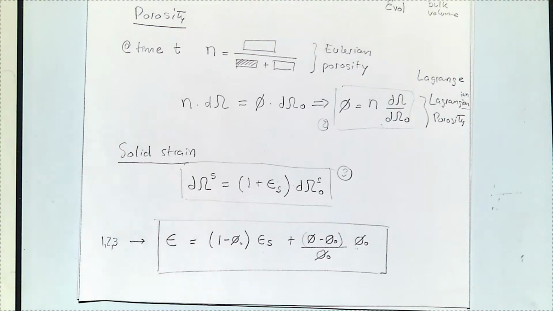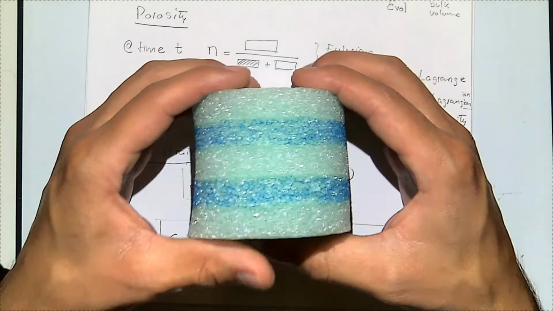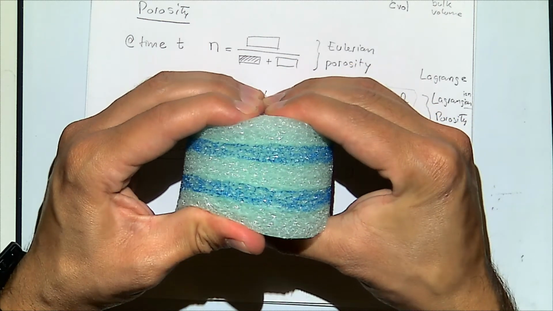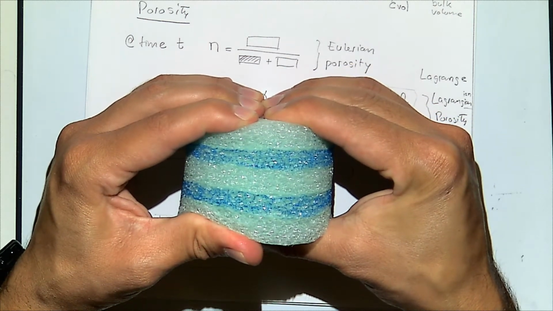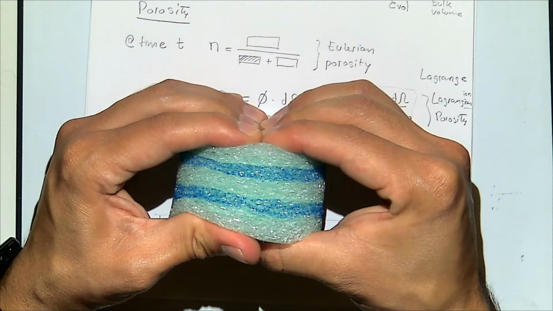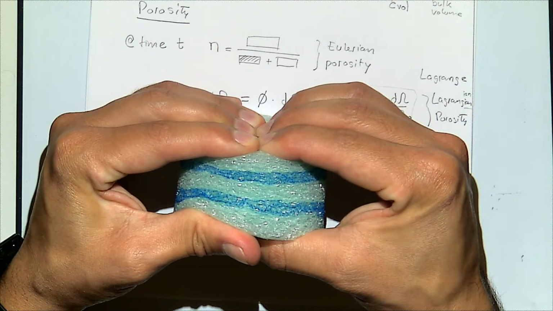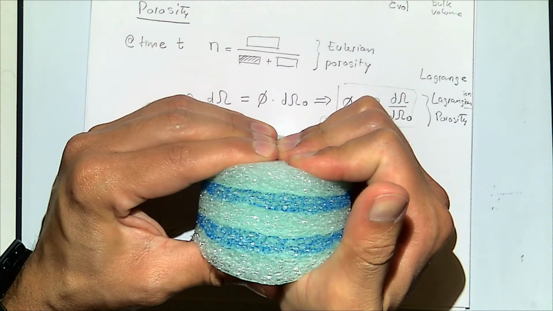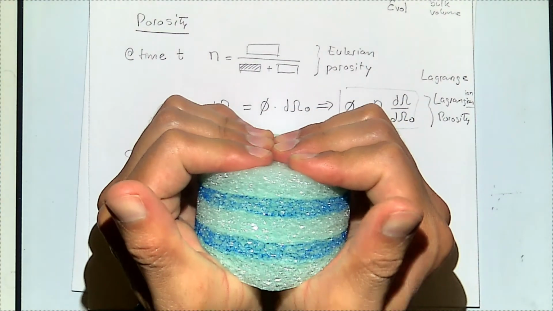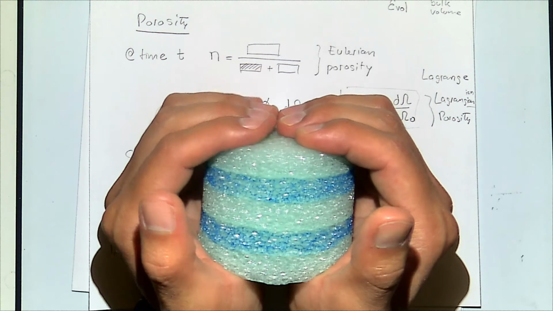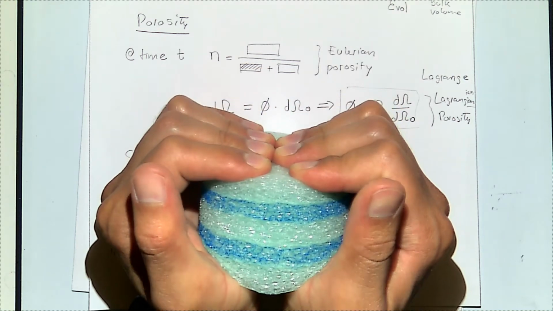In a very soft solid, like for example this one, which is a foam, almost all volumetric strain goes into changes in porosity. So you can see how these layers get shorter, and they have less porosity each time I compress it. So all change of volumetric strain goes into change of porosity.